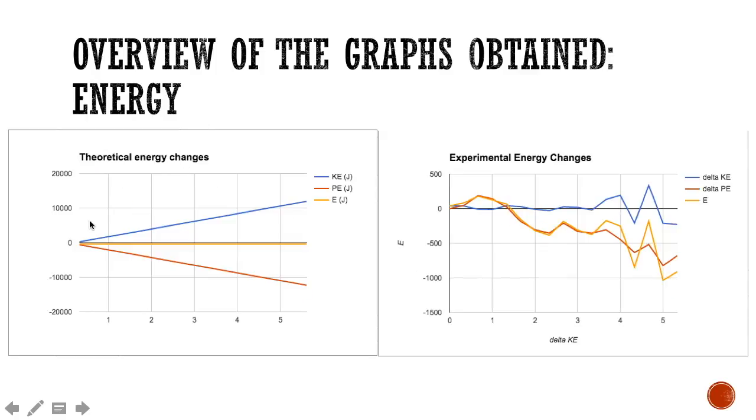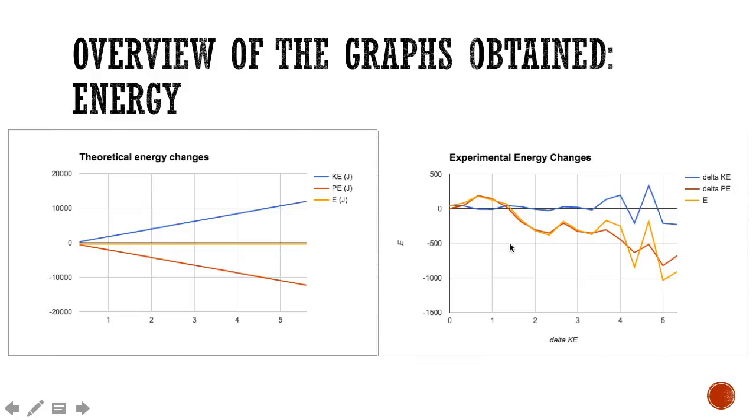Now for the energies. The code graph that I got for the change in energies actually did follow the conservation of energy in the sense that as the kinetic energy increased, the potential energy decreased, and if you sum both of them, then you get a constant line of zero energy, which means that no energy exited or entered the system.